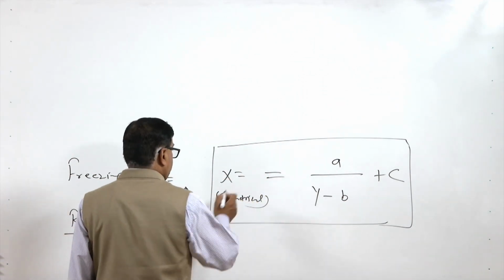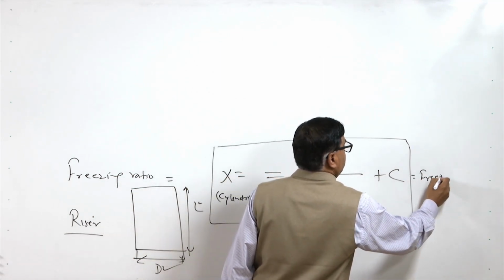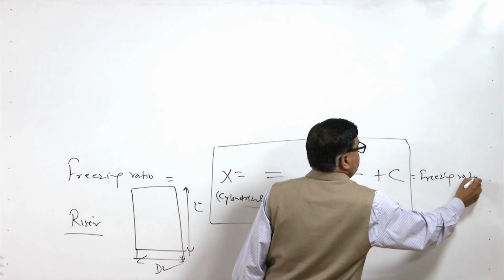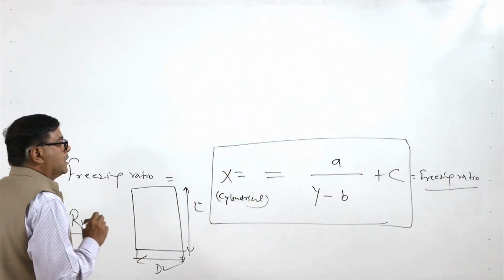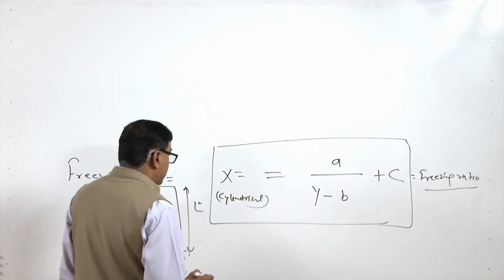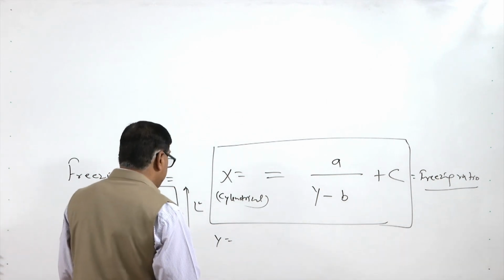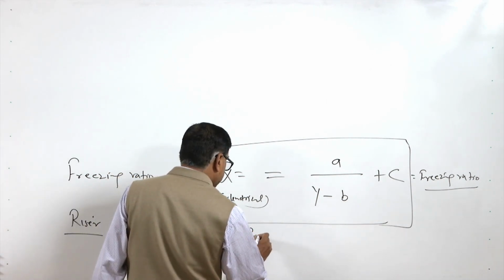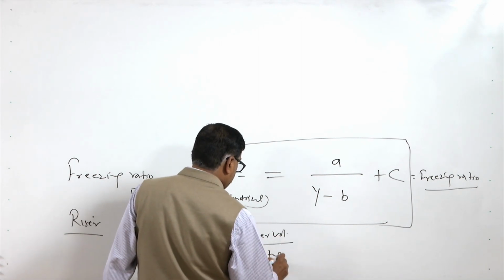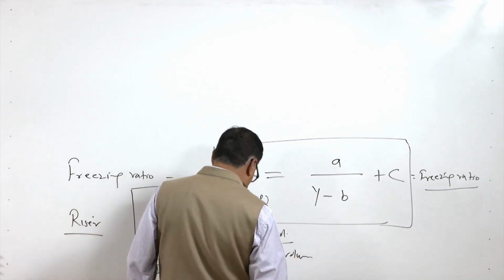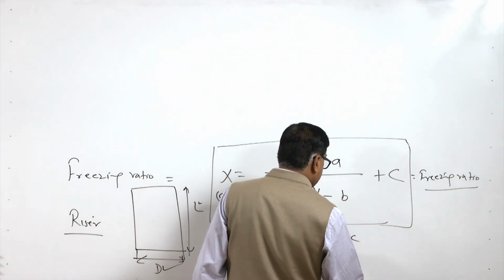Here, as I have already told, X is the freezing ratio, which is the ratio of the cooling characteristics of the casting to the riser, and Y is the ratio of the riser volume to the casting volume, and A, B, C are constants.